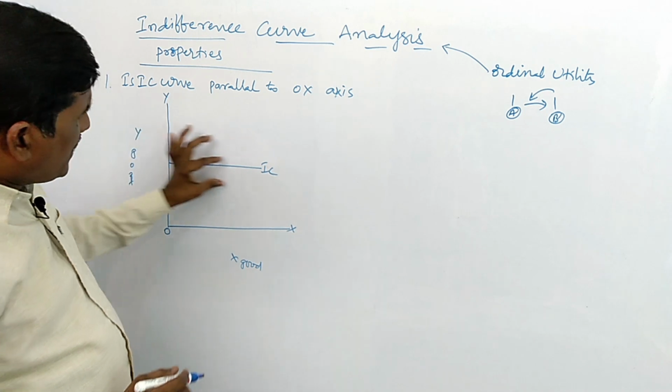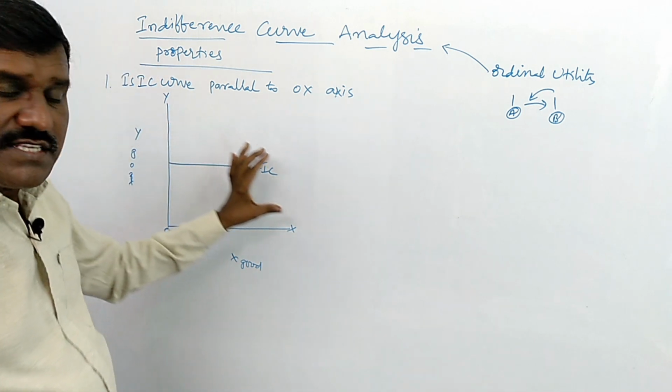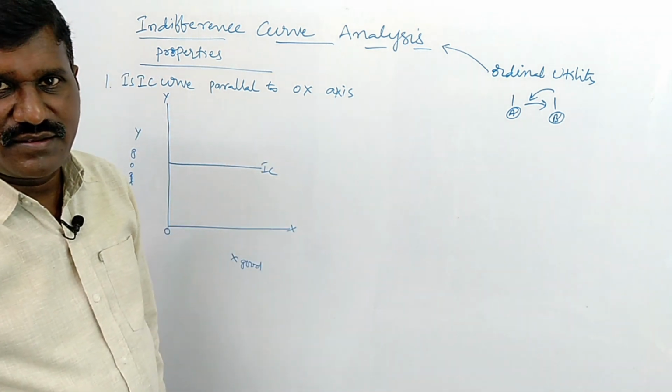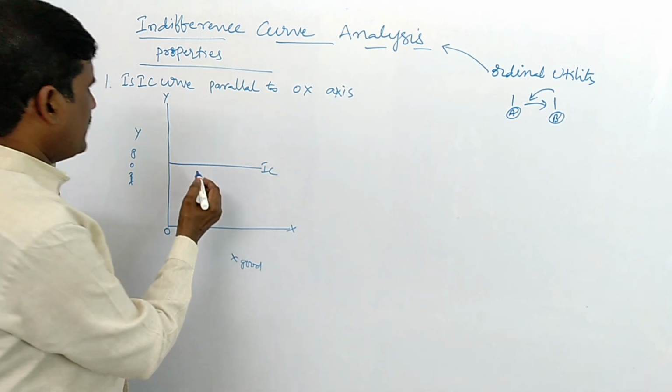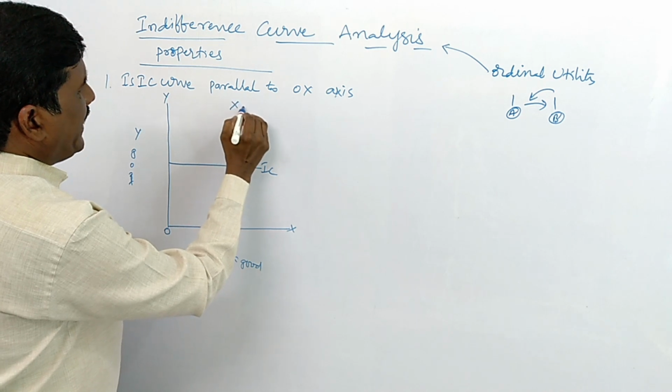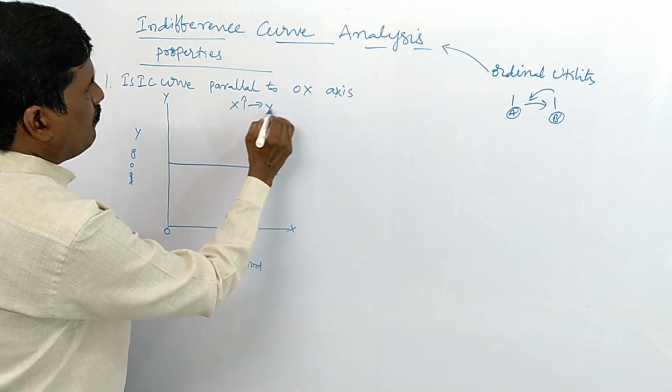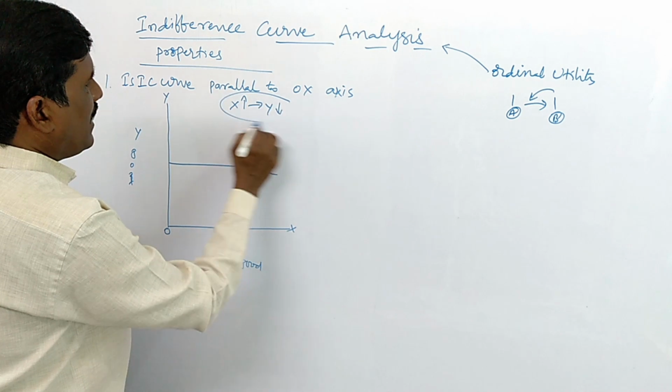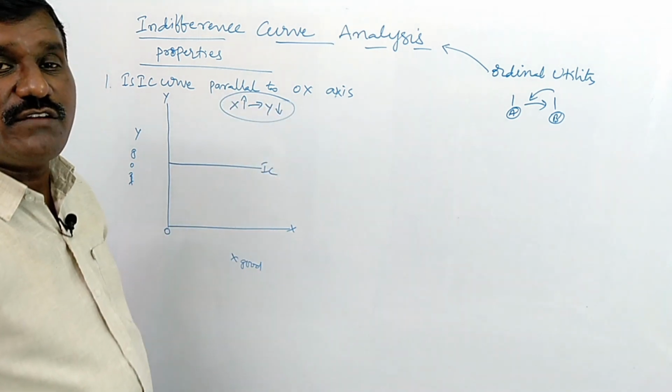So is this an IC curve? These are the properties of the IC curve. How can we say? Suppose, what is the IC curve? When the X good increases, the Y good decreases. This is the property of the indifference curve.